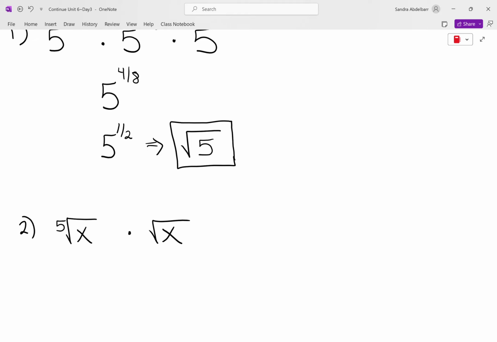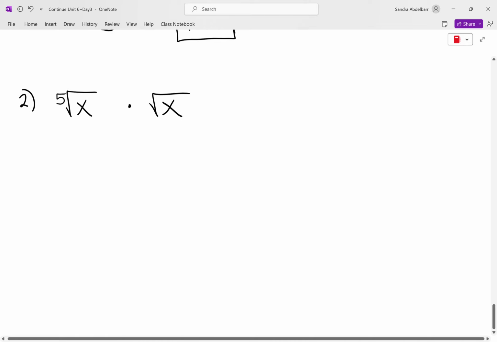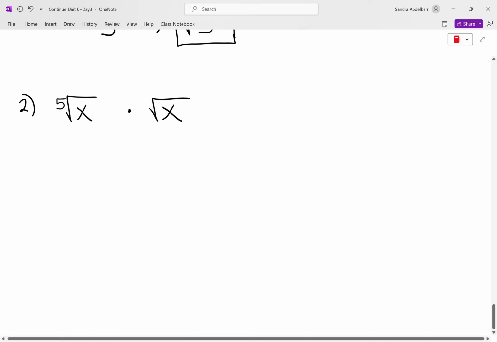Is it the most simplified form in radical form, or is it either one? If it just said simplify, then you could have left it as 5 to the half or root 5. But I'm going to be specific. I'm going to write on the top of the test, all final answers must be in radical form.